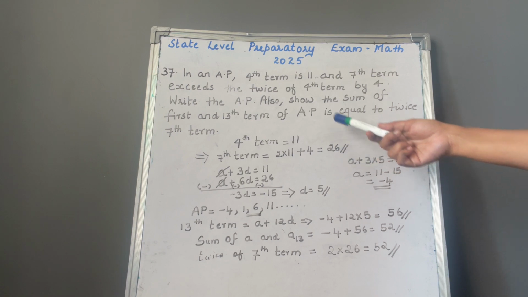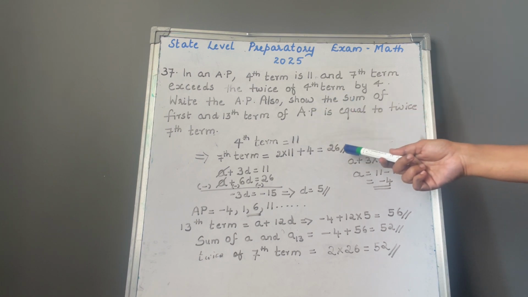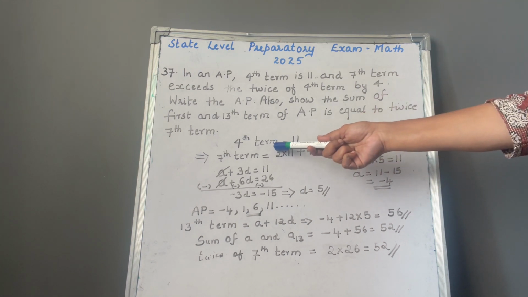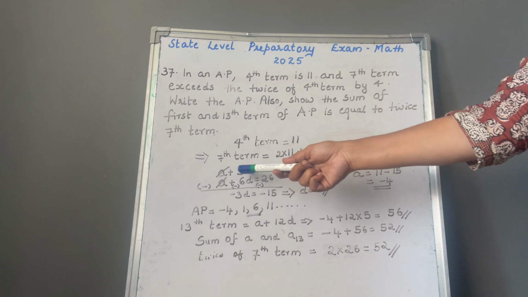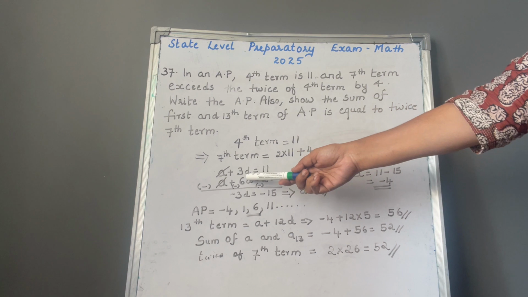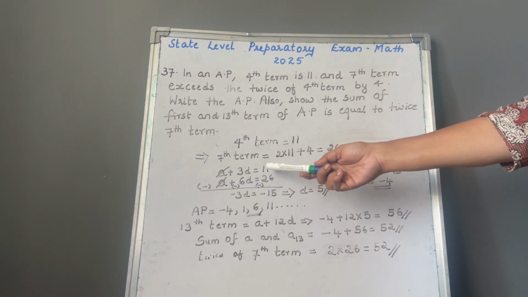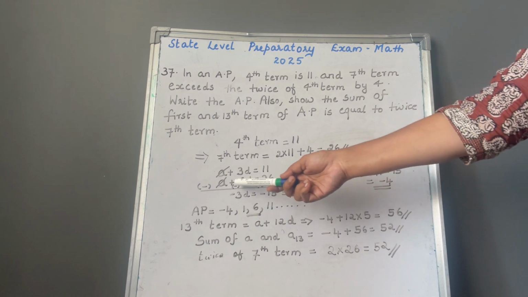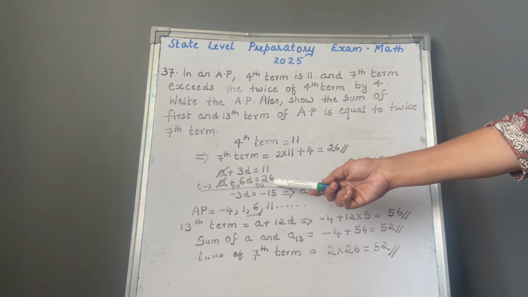So we have now the 4th term and the 7th term. We know in an AP, the nth term is given by A plus (n minus 1) into D. So the 4th term, A plus 3D, is equal to 11. The 7th term is given by A plus 6D. So A plus 6D is equal to 26.